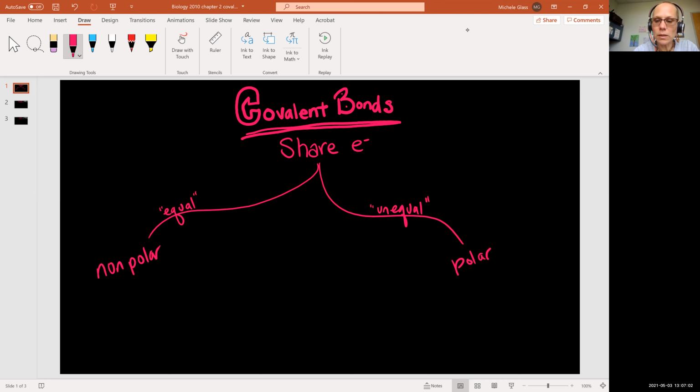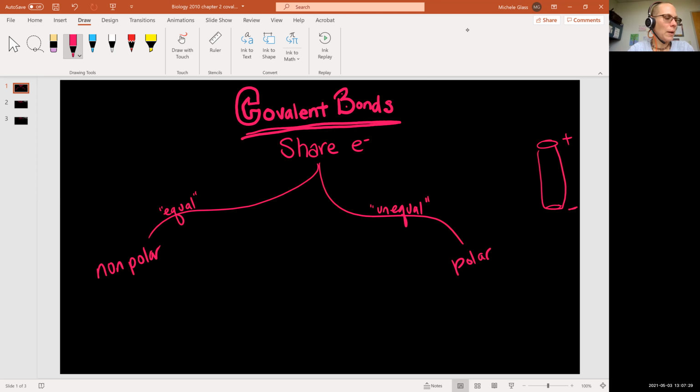When we think about something that's polar, think of a magnet, or a battery, where you have a positive end and a negative end, or the planet Earth. Anytime you have opposite ends, you have polarity.